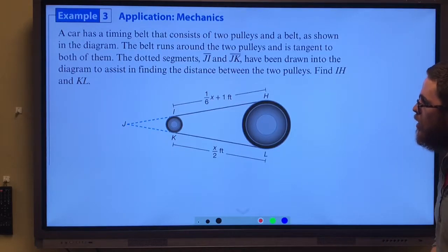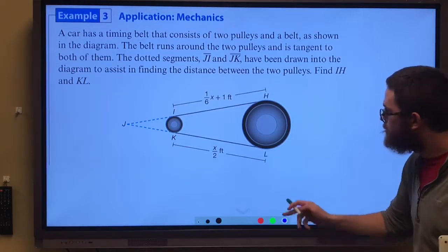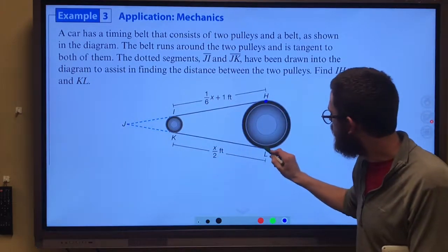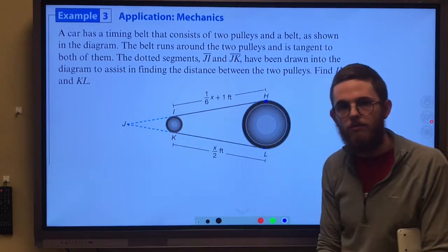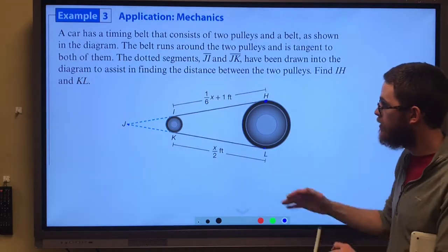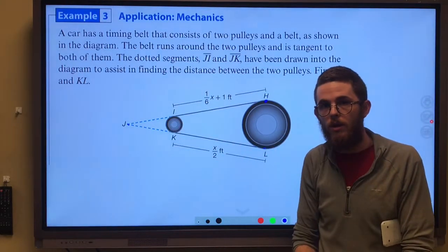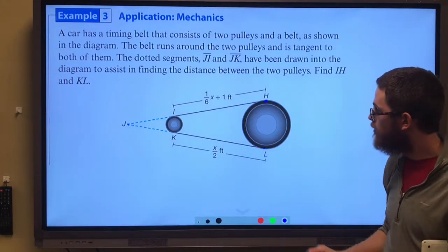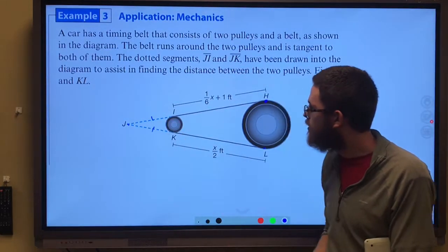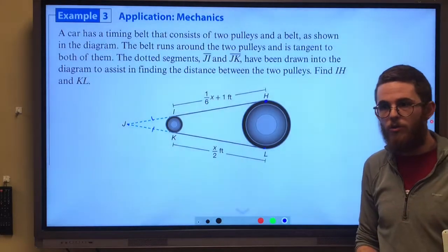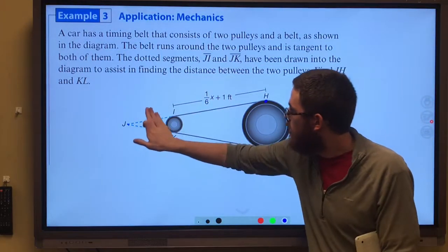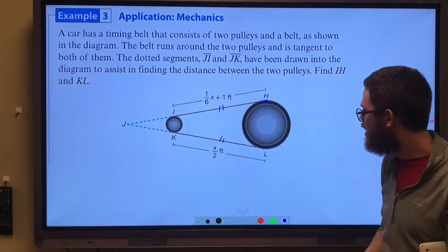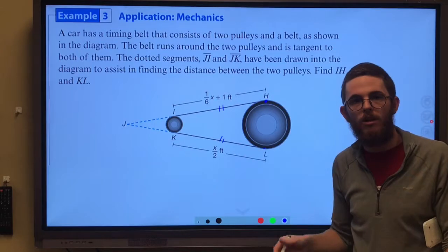Well, I know that HJ would have to be congruent to LJ. Ignoring that circle completely, I know that those 2 segments would have to be congruent. I know that JI is congruent to JK, so by my segment addition postulate, what's left over here, IH, must be congruent to KL.